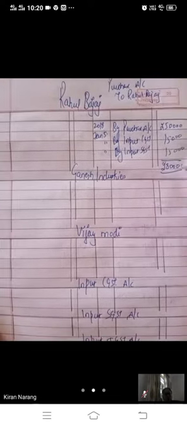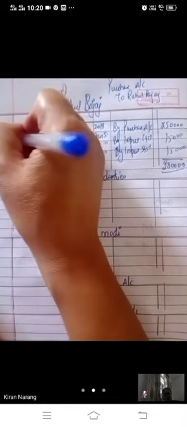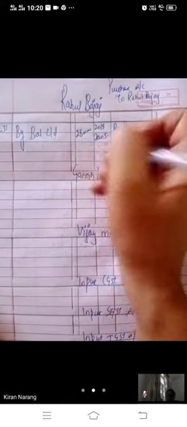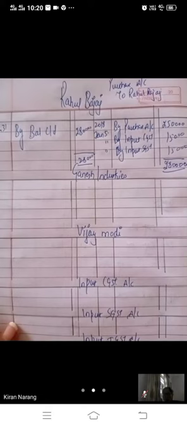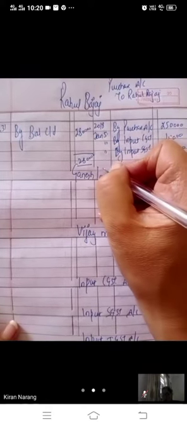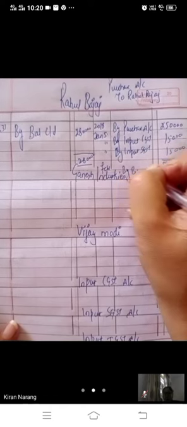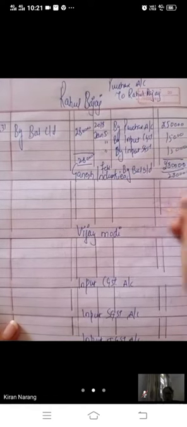Here we will write January 31st, the end of the month, by balance carried down, 2,80,000. And if we write the balance B/D, it will be written on February 1, by balance brought down, that we have to pay 2,80,000 to Rahul Bajaj.